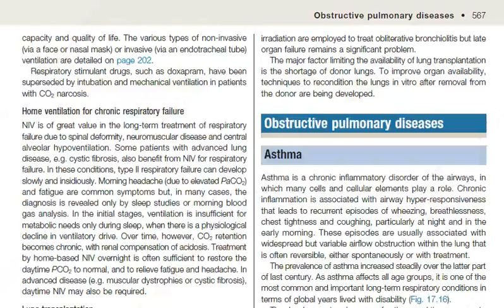The major factor limiting the availability of lung transplantation is the shortage of donor lungs. To improve organ availability, techniques to recondition the lungs in vitro after removal from the donor are being developed.